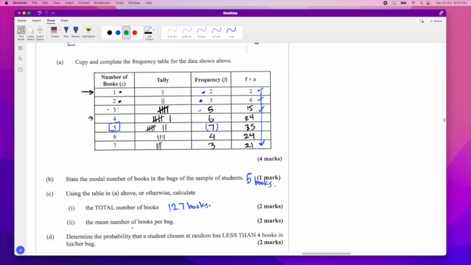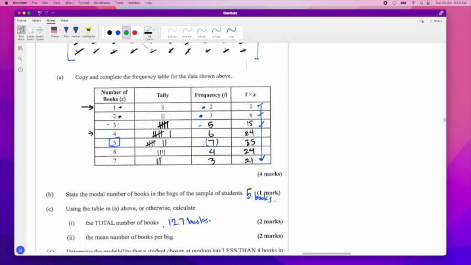The mean number of books per bag, well, I know they would have asked me for mean, right? So we know the total here is 30, and we know the total here is 127. So the mean is the summation or the total of the fx column all over the summation or the total of the f column.